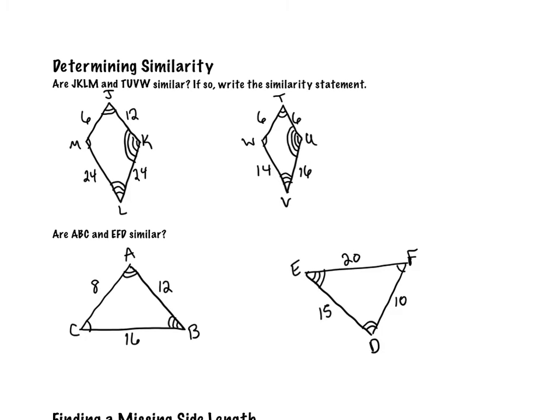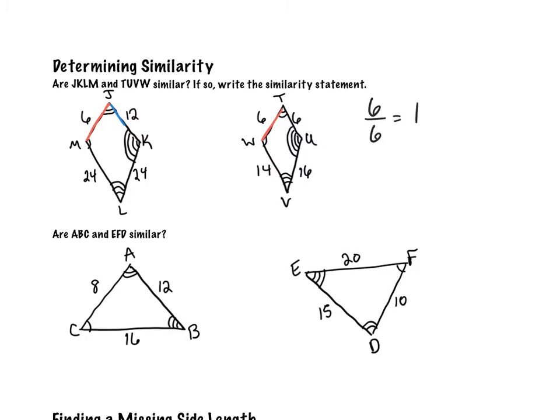What side corresponds to MJ? WT. So 6 over 6, reduce this to 1. If this is going to be similar, the scale factors for the other sides had better be 1.